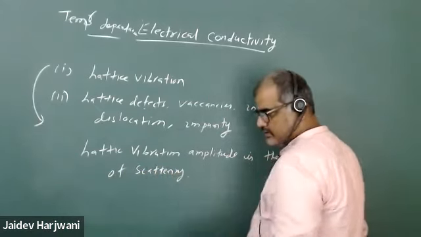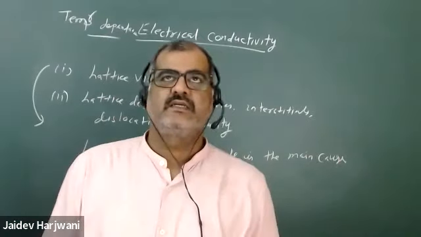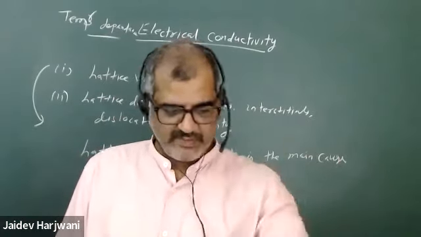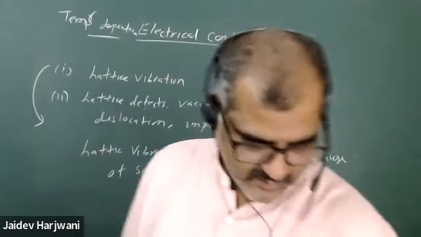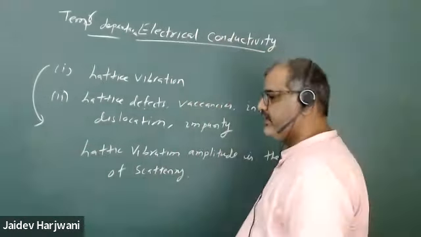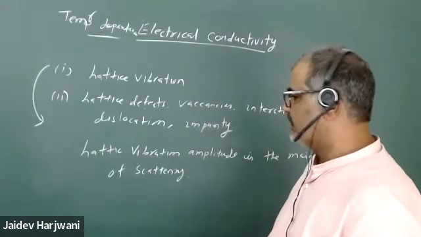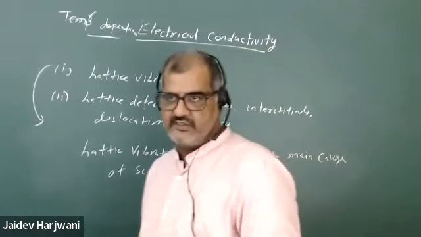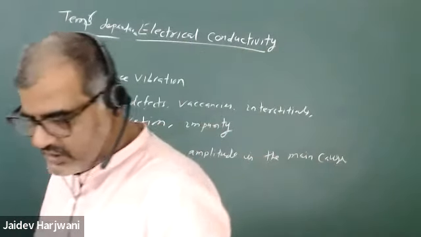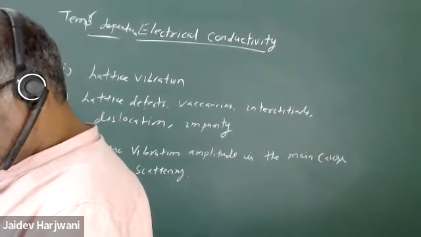As you increase the temperature, the lattice is vibrating, and once the atoms are vibrating, they have a scattering cross section. As you increase the temperature, your scattering cross section increases, and it reduces your conductivity.